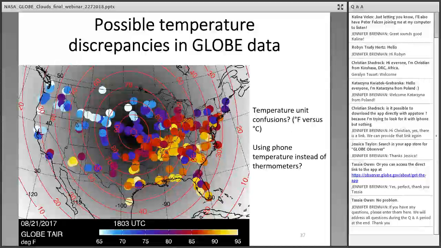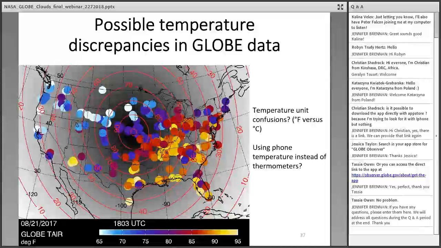Second, it seems that a few people chose, instead of bringing their own thermometer into the field, which we really would have liked them to do, to just read the temperature off of their smartphone and record that. The temperature from the smartphone, for those who don't know, usually comes from National Weather Service data. So that's just telling us what the Weather Service saw, which we can already gather from other places.